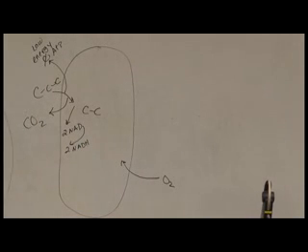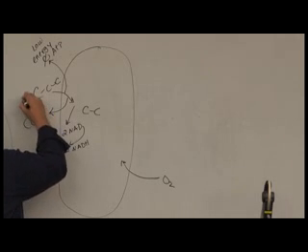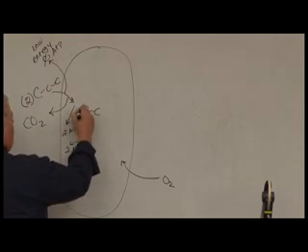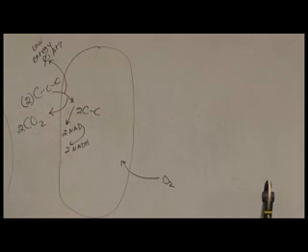Because we had 2 pyruvic acids from a glucose molecule, we're going to do this twice. So we're actually going to make 1 NADH per molecule.